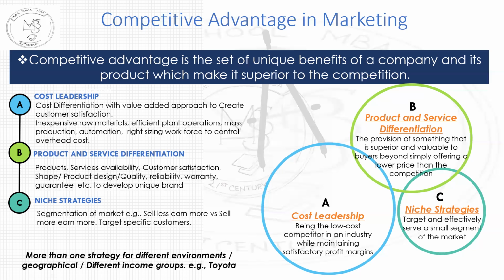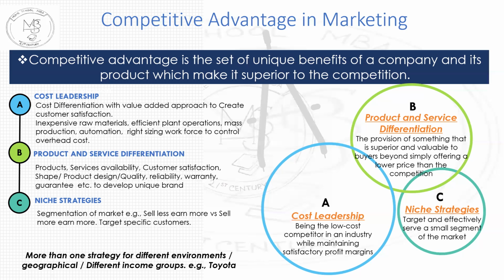And over here, the buzz phrase is sometimes sell less, earn more versus sell more, earn more. Now, sell less, earn more means that you sell big products like Mercedes. You sell few Mercedes and they'll be equivalent of hundreds of small cars.